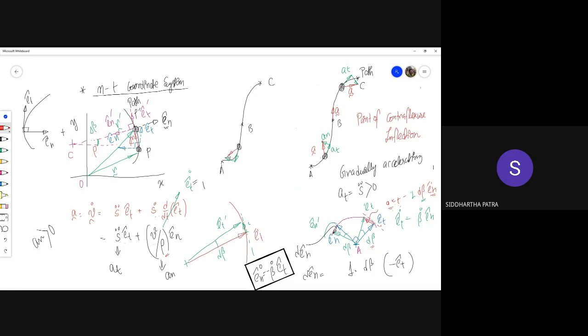So this is the resulting direction of acceleration. Similarly, when it is between B and C, it will have an acceleration which would look something like this. But at point B, the acceleration would be somewhat like this, because B is the point of contraflexure. So that's all we need to cover in relation to the theory of the normal and tangential coordinate system.